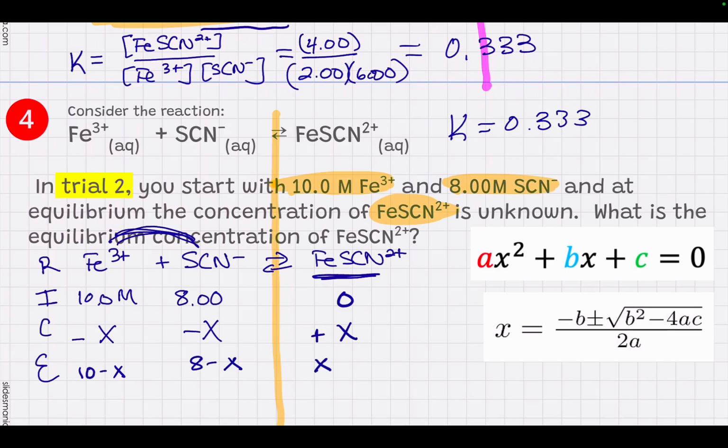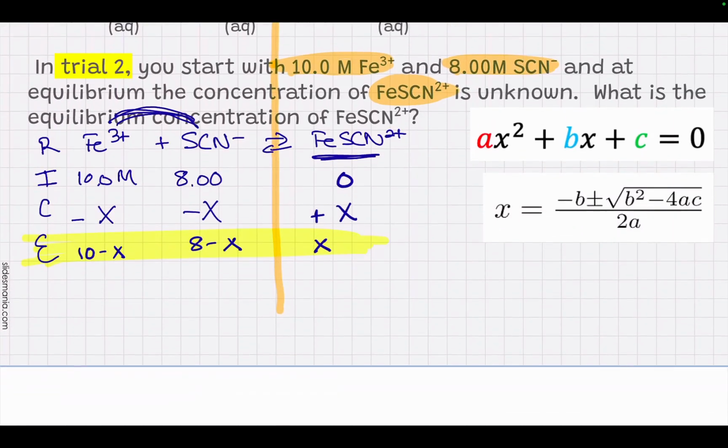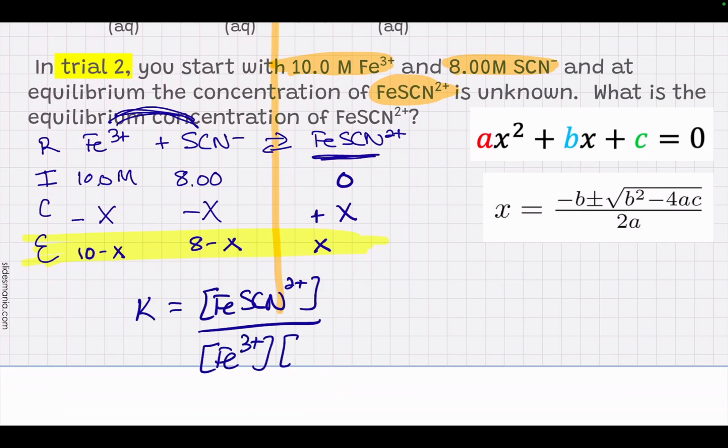So these are the values that I'm going to put into my equilibrium expression. So remember, my K is iron thiocyanate ion over the iron plus 3 and the thiocyanate ion.